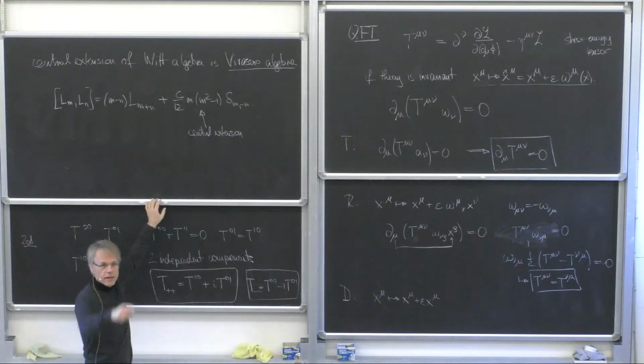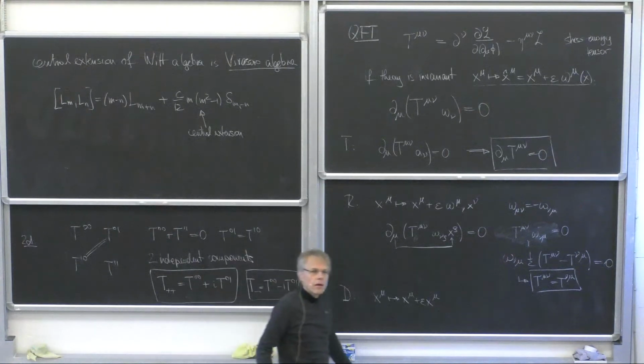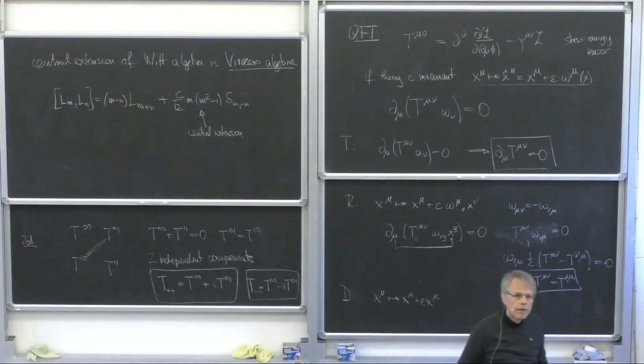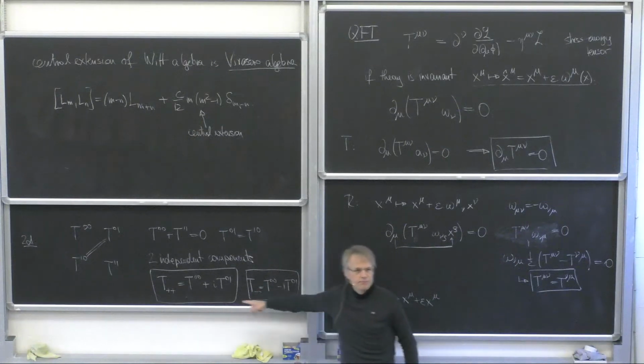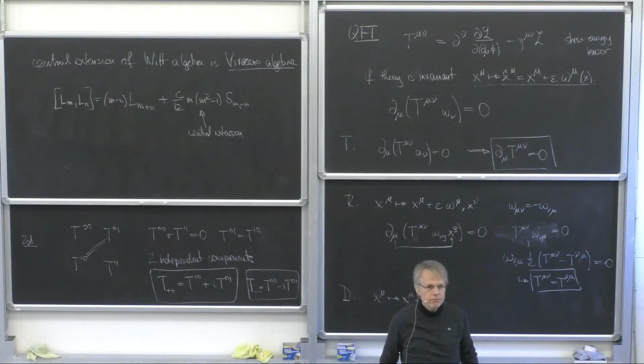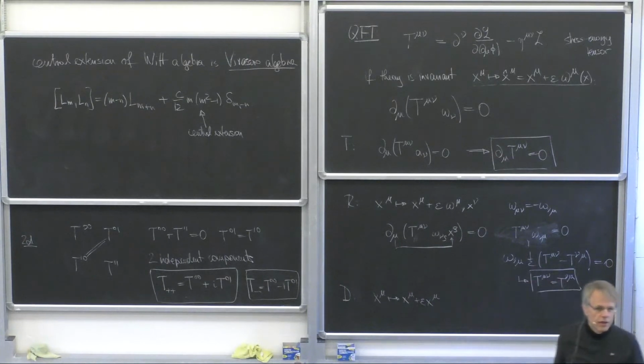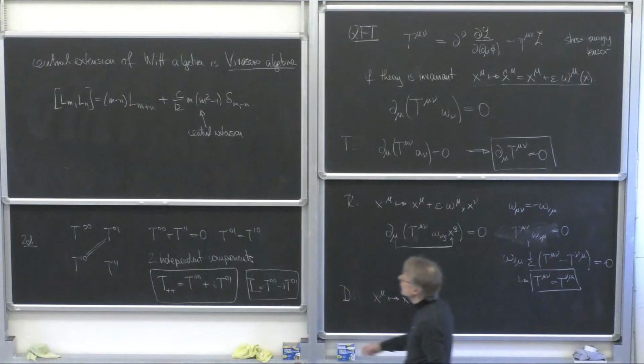Yes? Why does special conformal not play any role? Yeah, so that doesn't lead to more constraints than that. It gives you linear combinations of these constraints. There aren't more constraints than these. It's a good question.